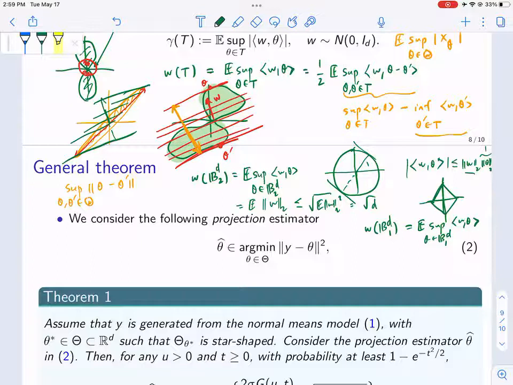What is the dual of the L1? L infinity. So you're going to verify that this is going to be L infinity. So what is the expectation of the L infinity? This is like the expectation of max over i of Wi.